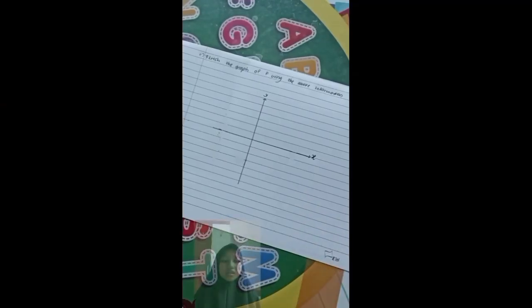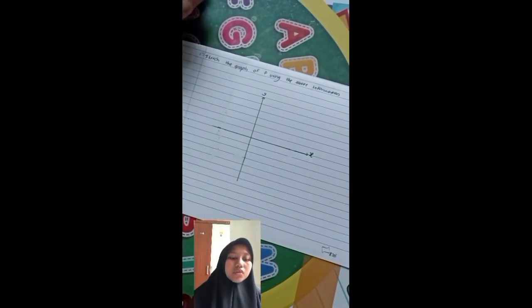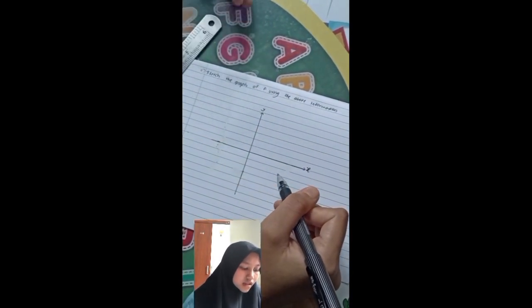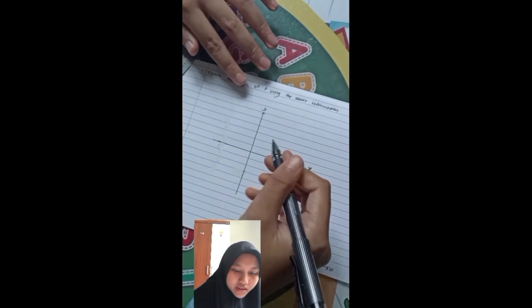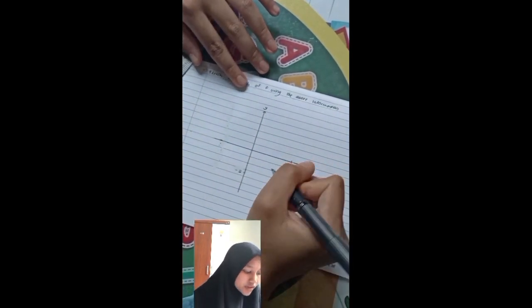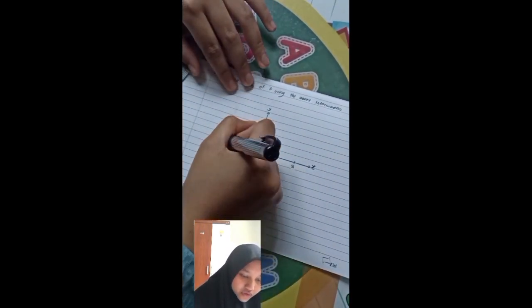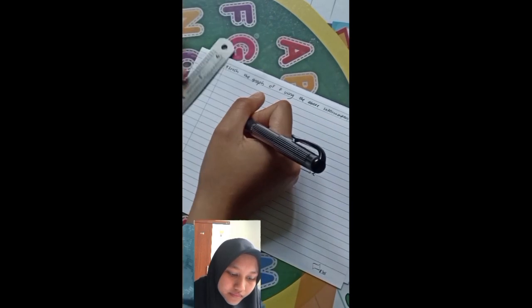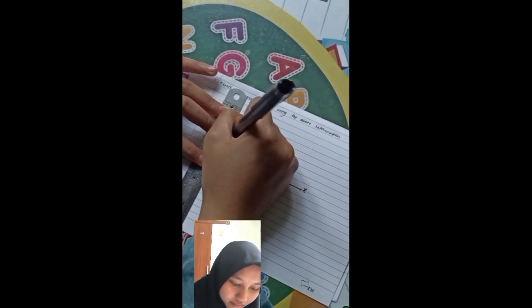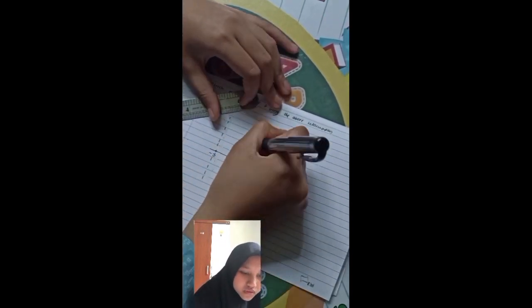The last question is to sketch the graph of f using the above information. Firstly, we have to find the y-intercept and x-intercept. Secondly, we mark the y-intercept, which is negative 2, and the x-intercept, which is 3. After that, draw a dotted line for the vertical asymptote, which is x equals negative 3, and the horizontal asymptote, which is y equals 2.